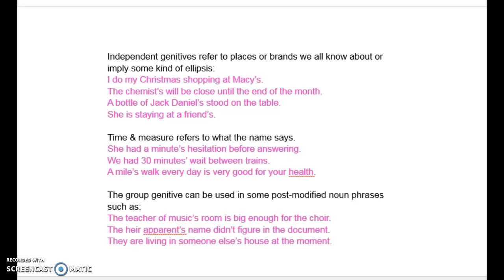Or the heir apparent's name, and here we know that we are talking about the heir apparent, and the name belongs to him. There you have, they are living in someone else's house, and here also we are going to use the genitive.